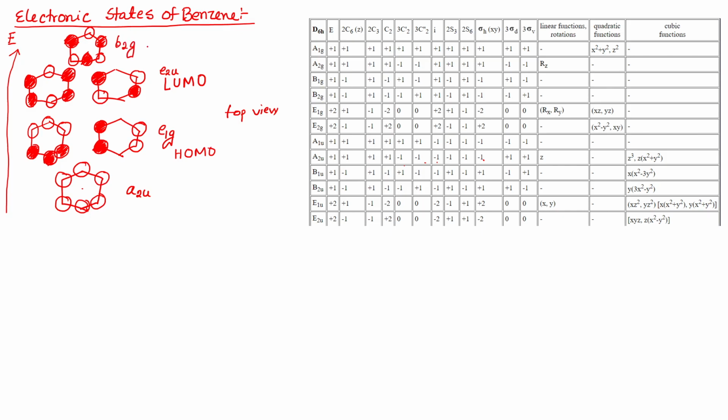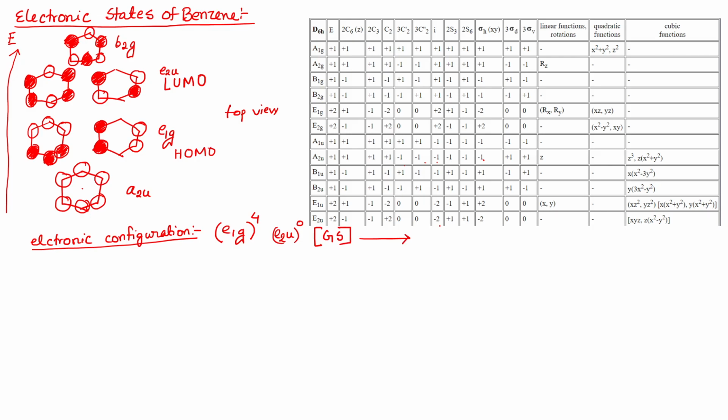Right? So if that is the case, what is my electronic configuration here? The electronic configuration becomes E1G 4, E2U 0 in the ground state, right?